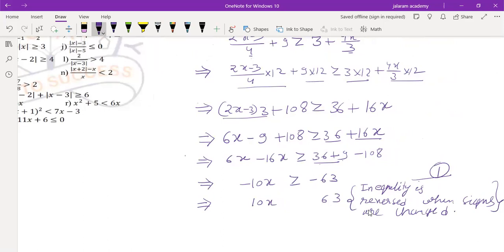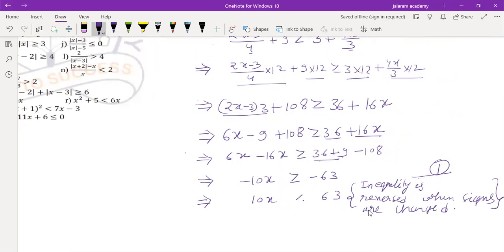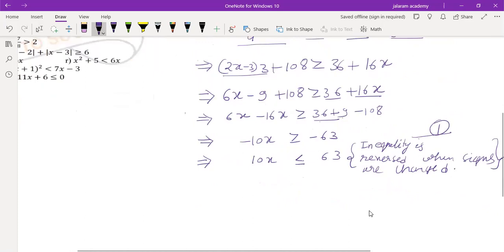Is that clear to you? And why do they change? Greater than inequality becomes less than inequality. Why does this happen? As we know, minus 3 is greater than minus 4, correct or not?